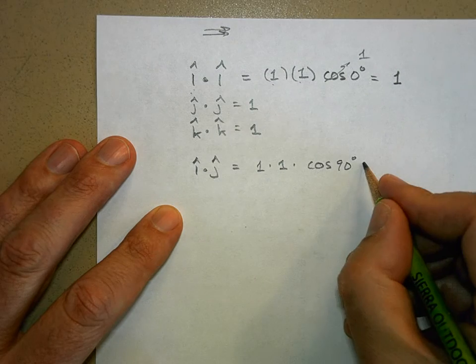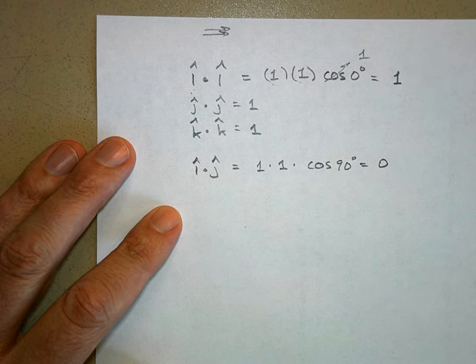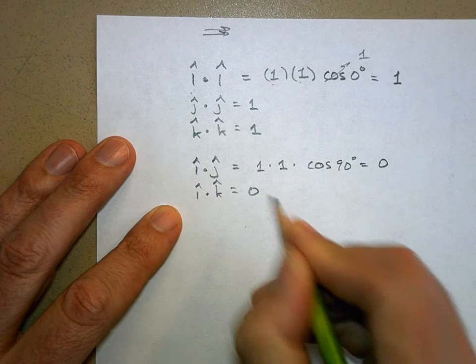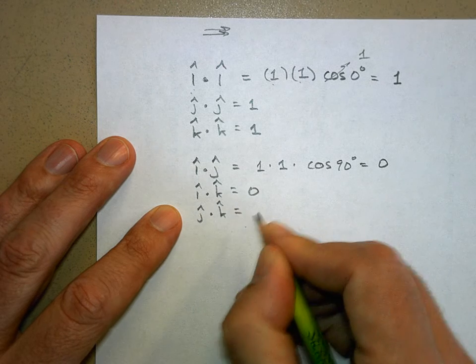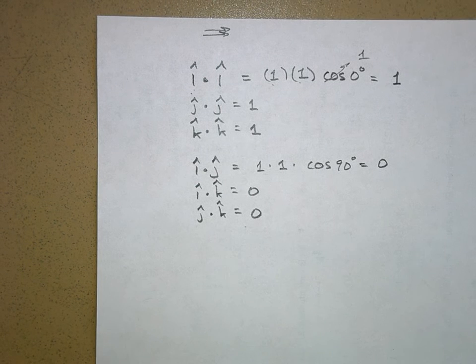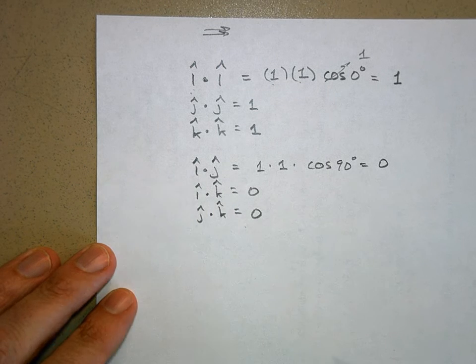So this is equal to 0. And of course, i dot k, by the same reasoning, is equal to 0. And j dot k would be equal to 0. And the order doesn't matter. The commutative property works for dot products. j dot i would be equal to i dot j. That's pretty easy to see.